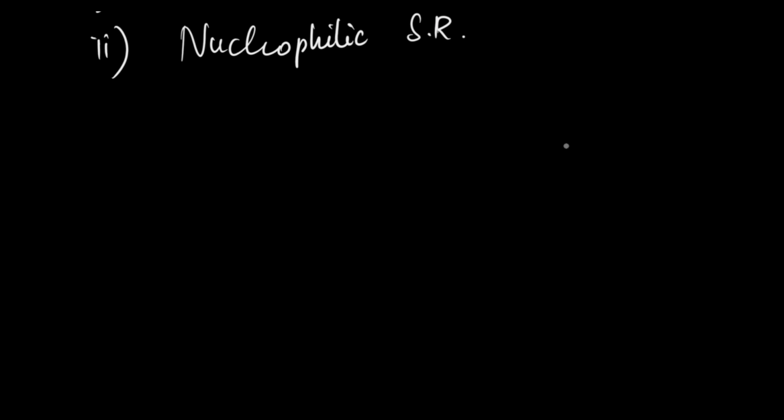What is a nucleophile? Okay, so how can we identify that? By seeing any molecule or atom, how do I conclude that it is a nucleophile? Yes, you can do that, because nucleophiles are ready to share their electrons.